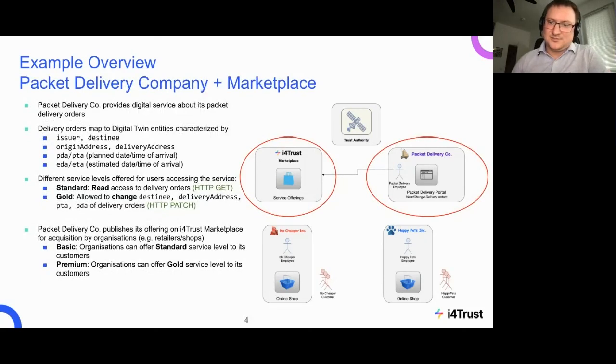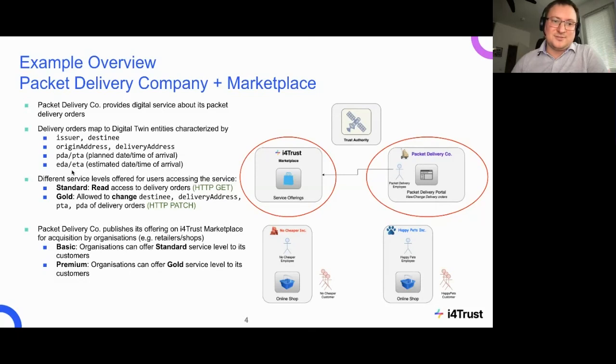So about the packet delivery company again, it is providing a service now for its packet delivery orders. A delivery order is actually an entity within the context broker and has parameters like an issuer and destiny of the order, origin and the delivery address, and these planned dates and times of arrival.